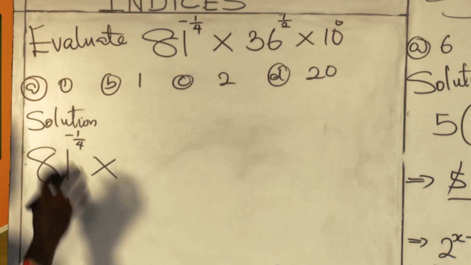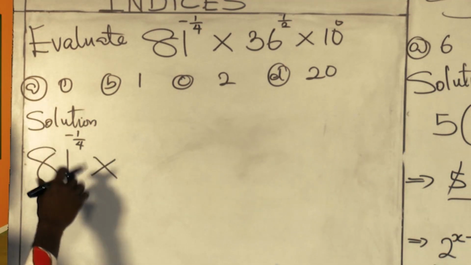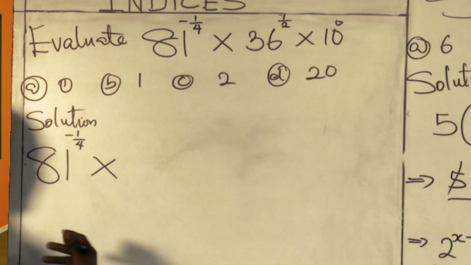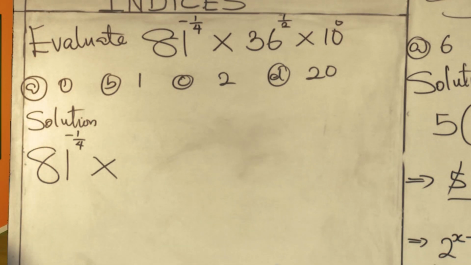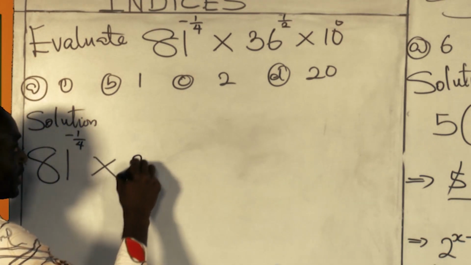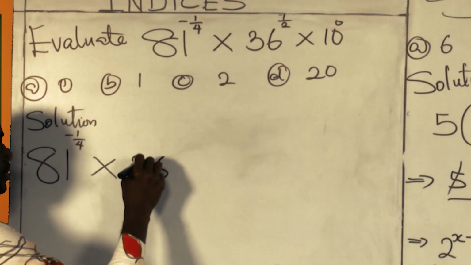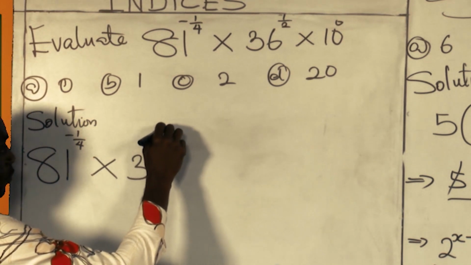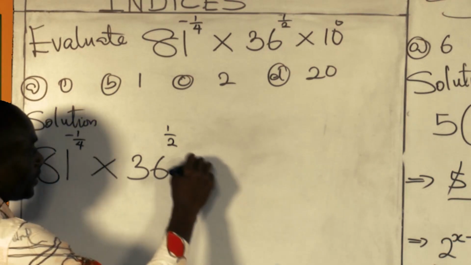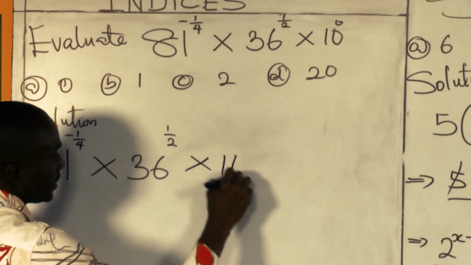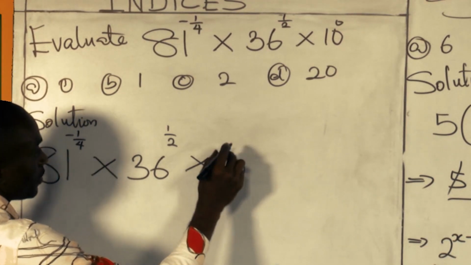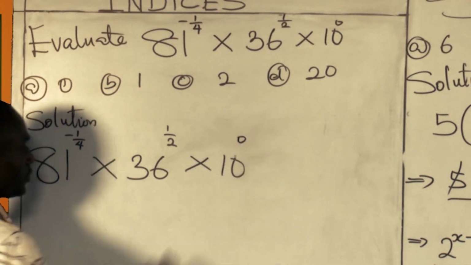So you have to know what step you are carrying out. So we have 36 raised to the power 1 over 2, multiplied by 10 raised to the power of 0.